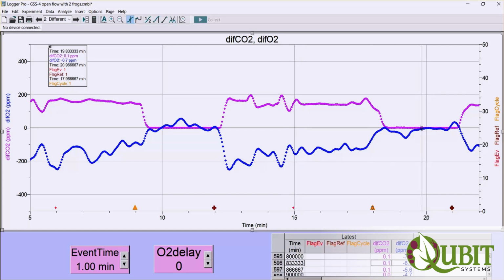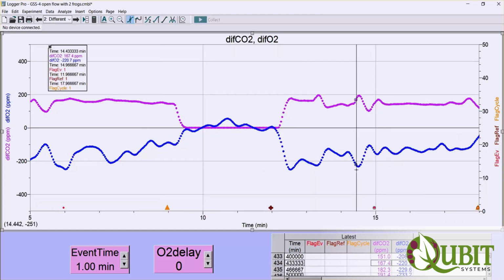I'm just going to adjust this here to about 18. And now we can bring this examine line and see that the data is pretty much aligned. You don't really see a misalignment in this particular data.